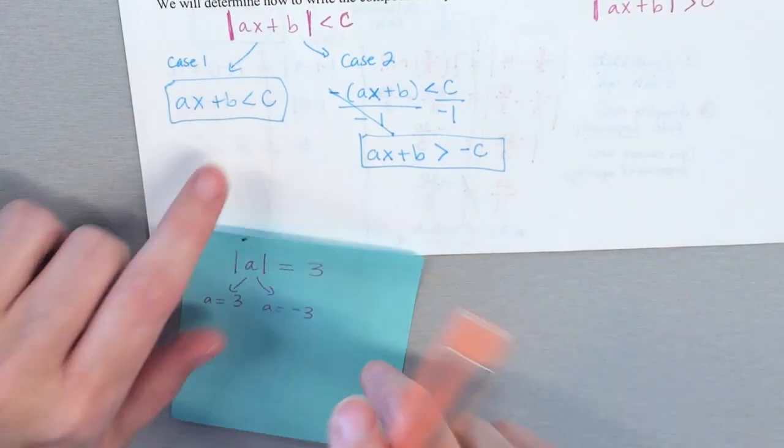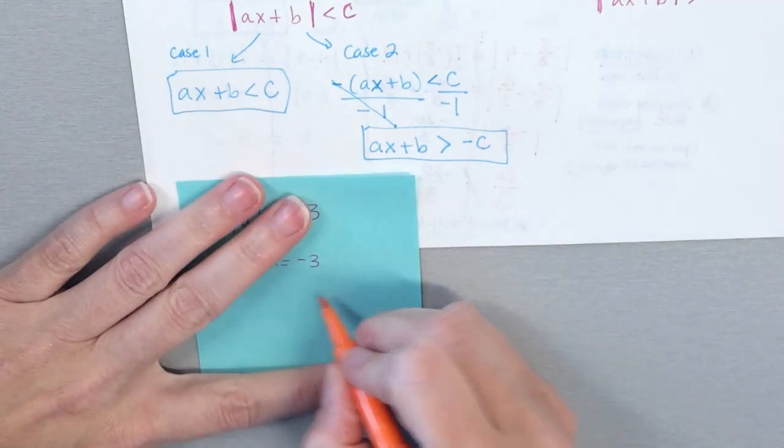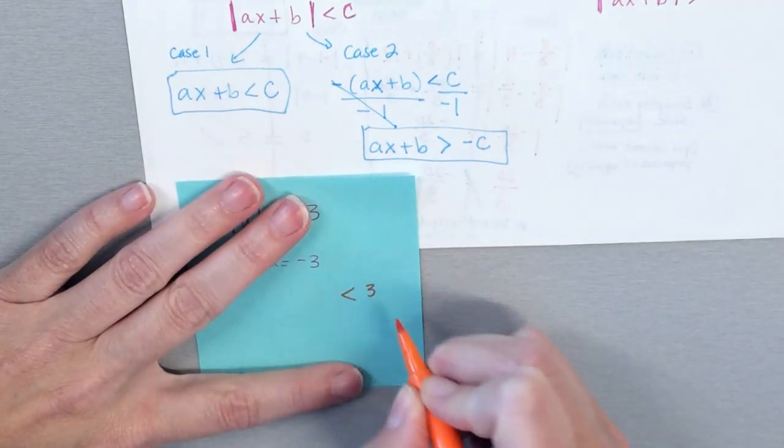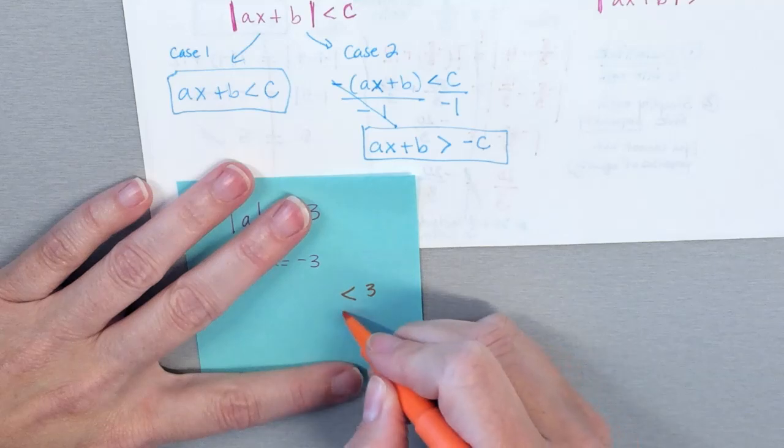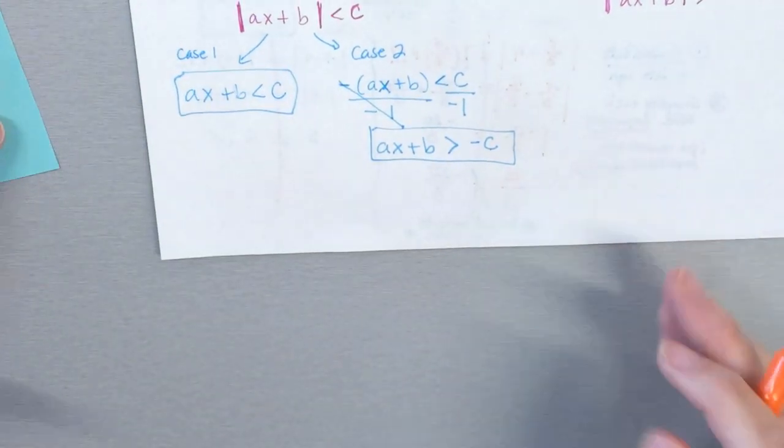This says the quantity is less than c. So could I have something that is less than 3 and then greater than -3? Let's take some numbers. Are there numbers that are less than 3 but greater than -3? 2. Good. What else? 1. So these can happen at the same time.